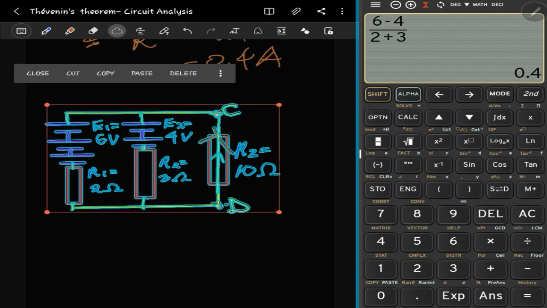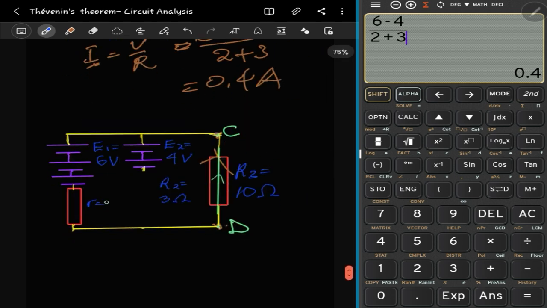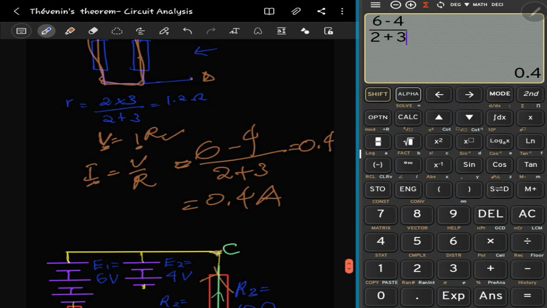So we basically can represent that with just one. Internal resistance first, right? So meaning this one goes off, right? And now we have just this, and we said that internal resistance, the small r, is 1.2 ohms, right? 1.2 ohms, right? Okay, and now we simplify the V as well.